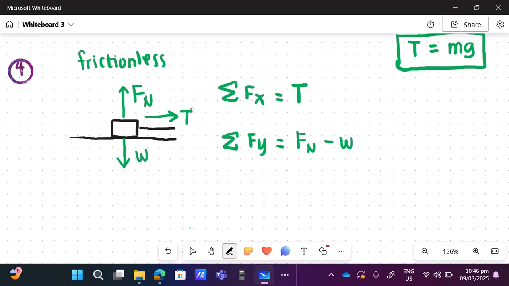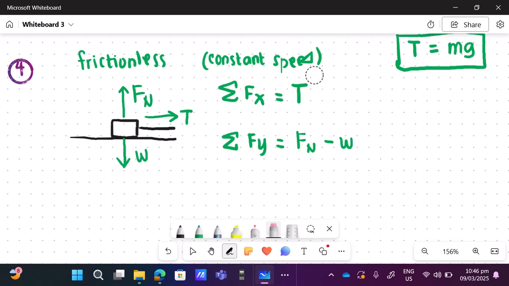Then, we can assume that this object is at constant speed, because it is not indicated whether the object is accelerating or decelerating, or in other words, whether the velocity of the object is changing. So we can assume that aside from the floor being frictionless, the speed of this block is constant.